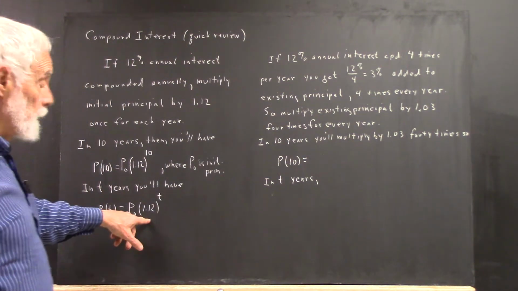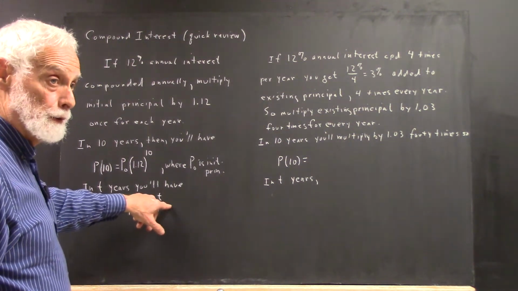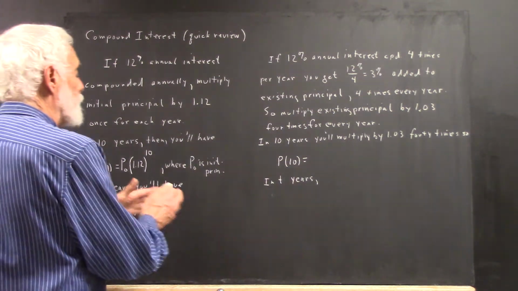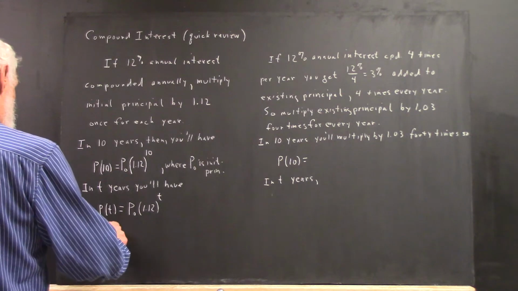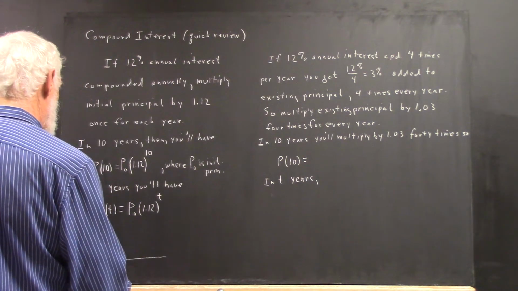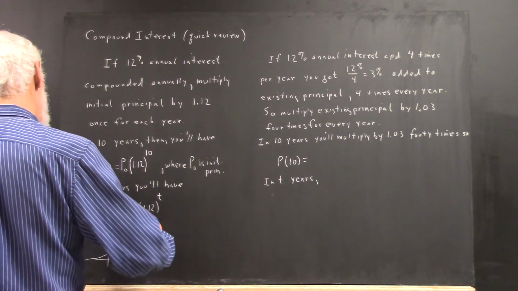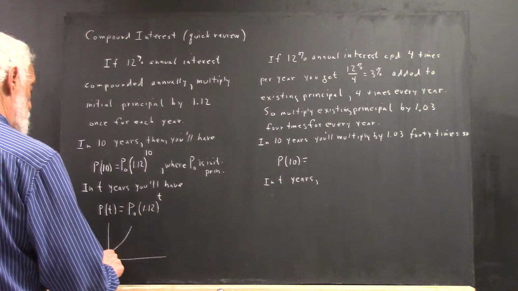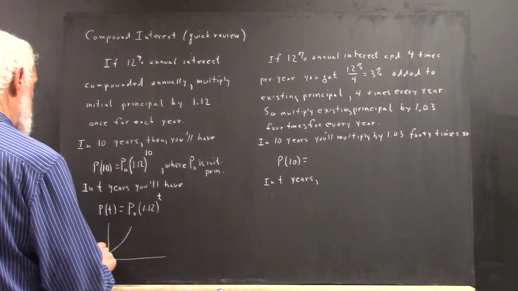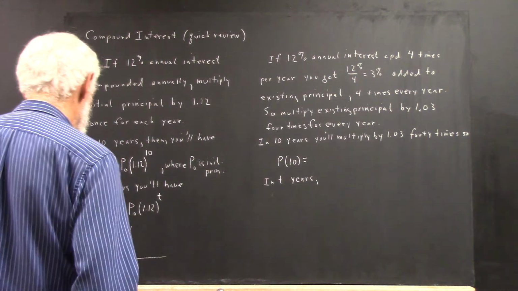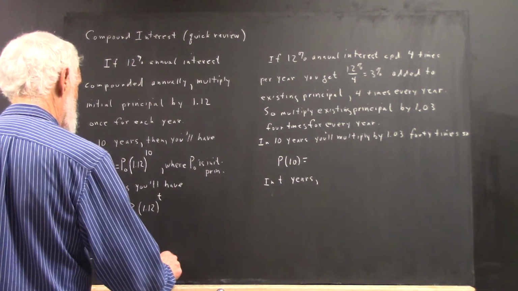And we know that this is nothing but an exponential function, and that we can get a graph of this function by taking our graph of the basic exponential function, multiplying it by P naught so that at t equals 0, you have P naught, and your t-axis goes out here.